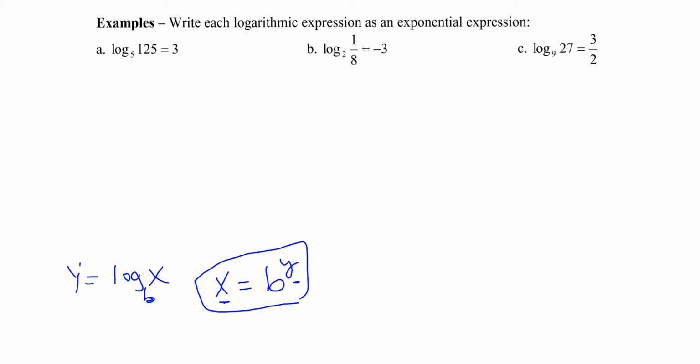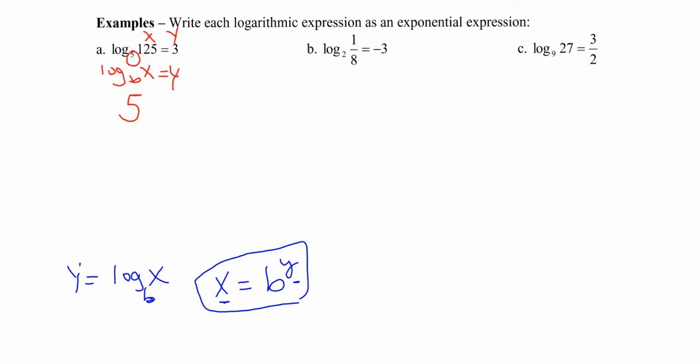Now, when you look at this problem, the little number here, this always tells you the base. So that's going to become our big number. So we're going to have 5. And then the number after the log, this is your x and this is your y. So remember, it is log b of x equals y.